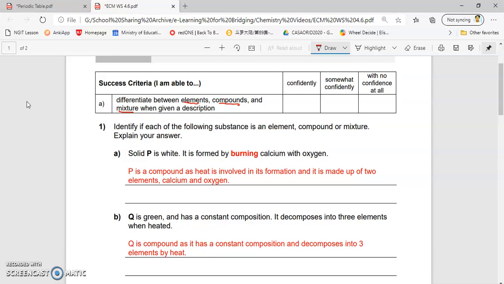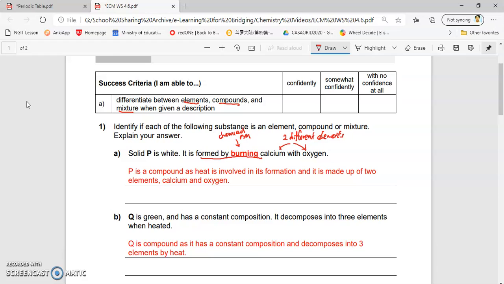So first thing, solid P is white. It is formed by burning calcium with oxygen. So you can see here, I have two different elements. I'm burning them, so I let them undergo a chemical reaction.